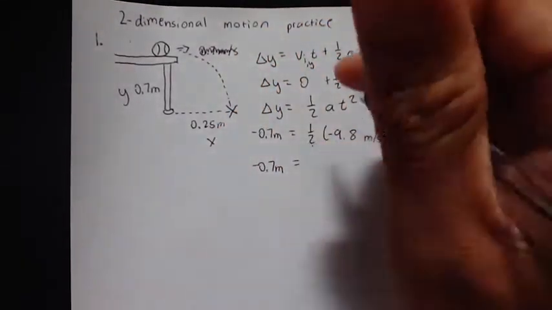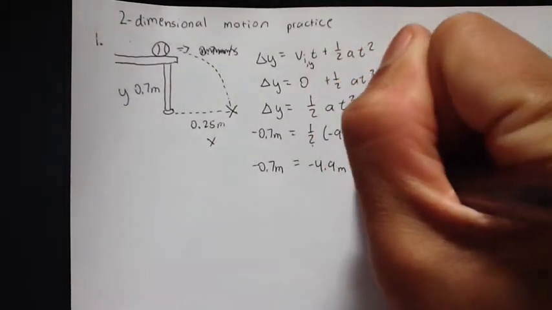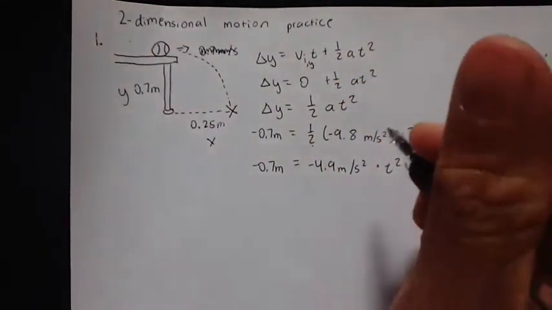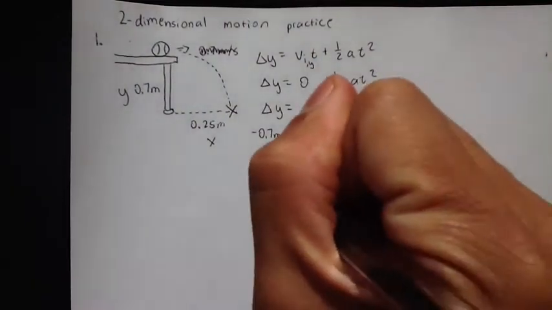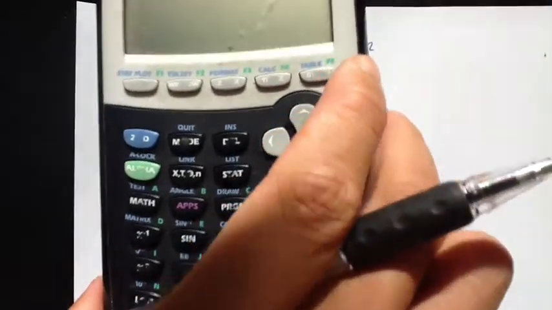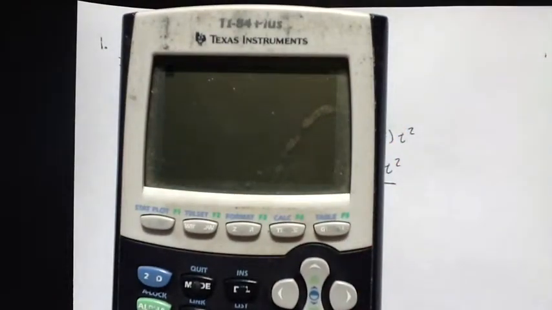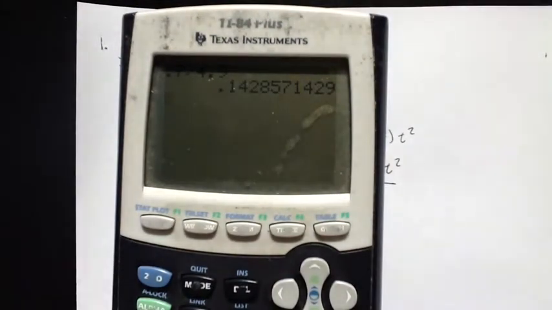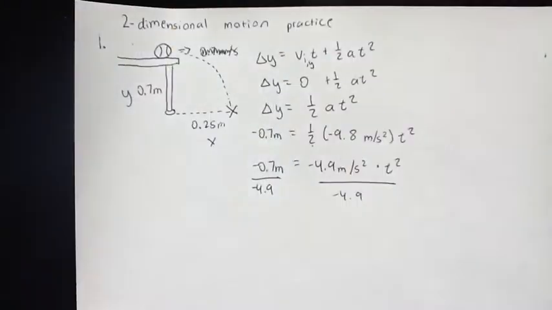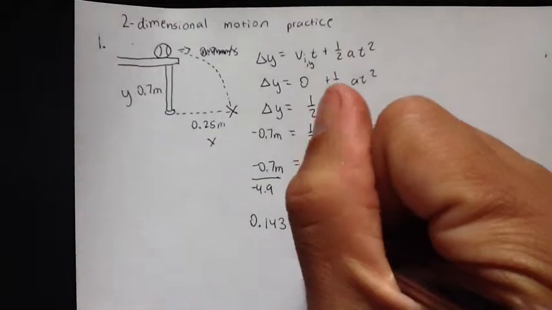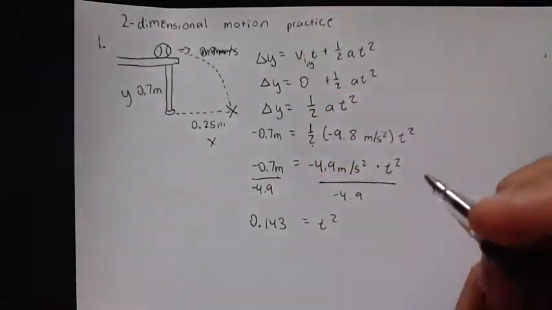So if I multiply the 1/2, that's 4.9 meters per second squared times time squared. Now I'm going to divide both sides by negative 4.9. So that's 0.7 divided by 4.9, and that gives me 0.143 equals time squared.